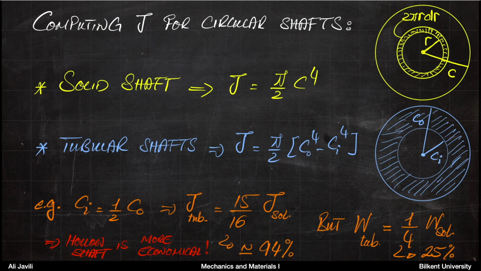Okay, so basically you can save on the weight, because the weight goes with the power 2 and J goes with the power 4. So basically by using a hollow shaft, you can have a more economical design.